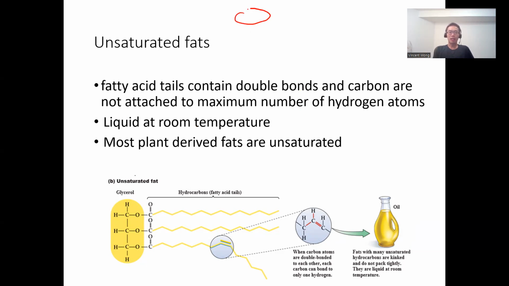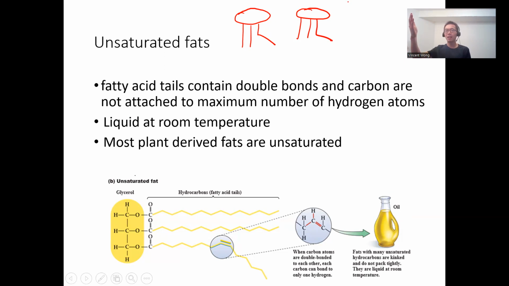As a result of that, if I draw an unsaturated fat, we have this little oval here to represent the glycerol, and then we would have two tails. The one with the double bond would create a kink, a bend, a sharp turn in the structure. So when you have another unsaturated fat that wants to get close to it, it can't because the kink is in the way.